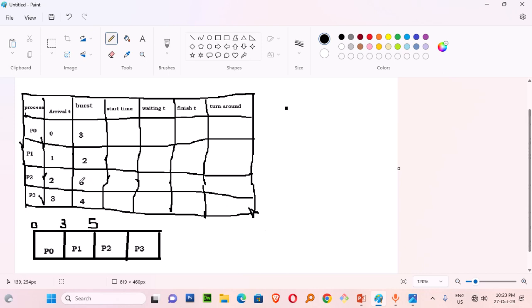However, it took P2 6 units of time, so it is now 6 plus 5, which is 11. Then P3 started at 11. However, it took P3 4 units of time, as you've seen here. So 4 plus 11 will be 15.